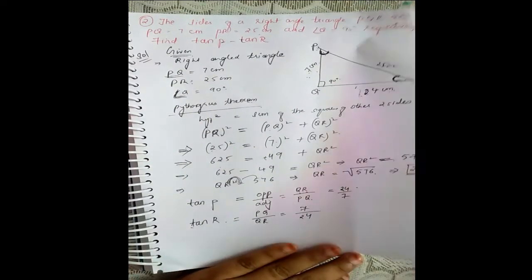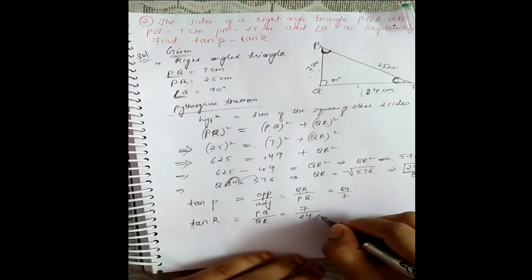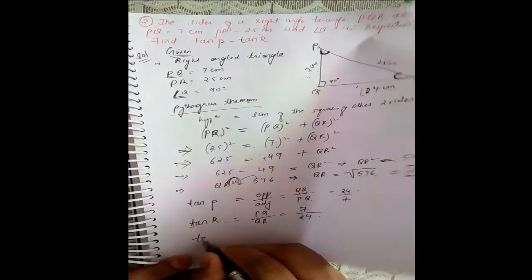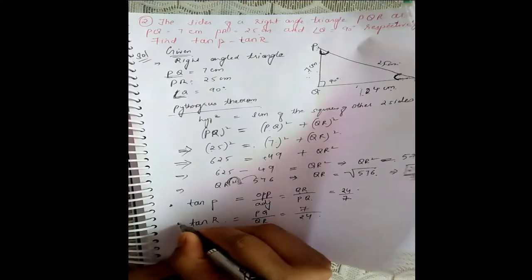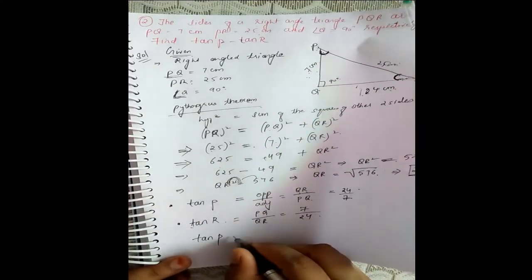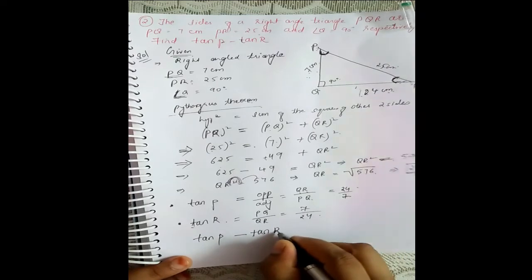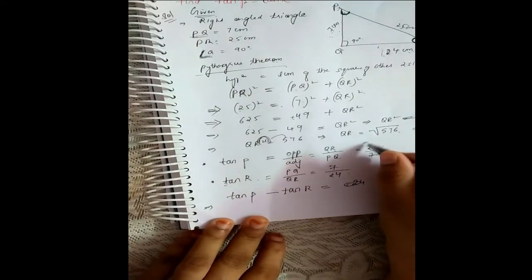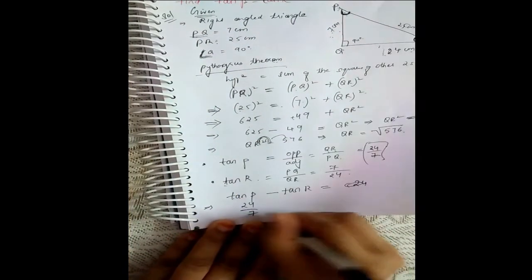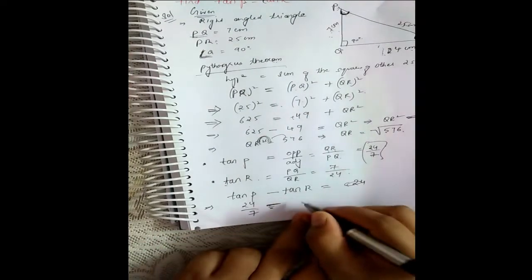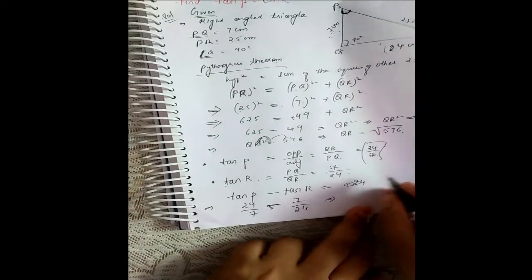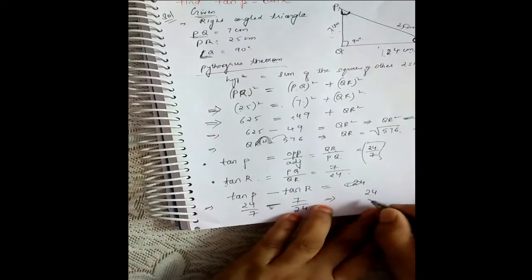We just need to reduce it, because it is not just these two values that we need to find out. It is tan P minus tan R. What is tan P? 24 by 7, minus tan R, 7 by 24, which implies taking out the LCM.